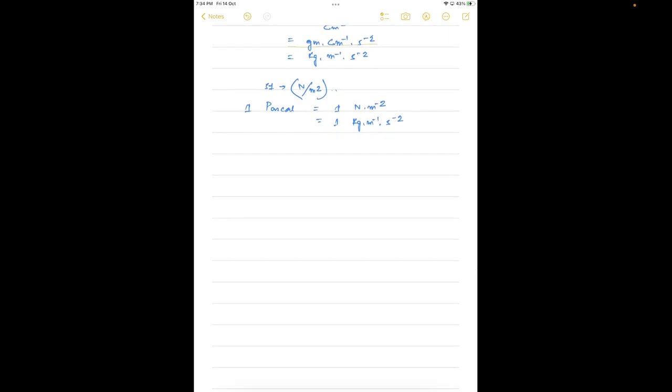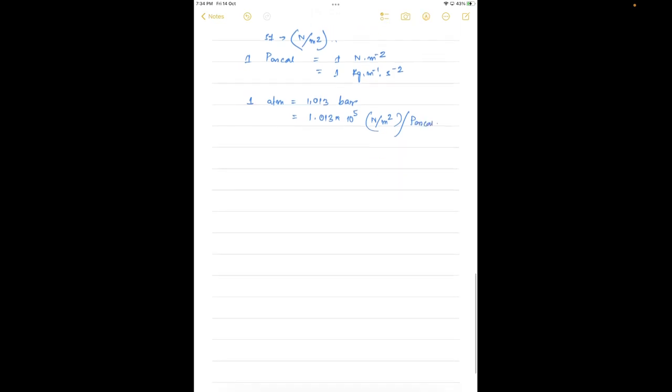Now there are various units of pressure, like atm, bar, and millimeter of Hg. So 1 atm, this is important, equals 1.013 bar. Also 1 atm equals 1.013 into 10 to the power 5 Newton per meter square, or Pascal.